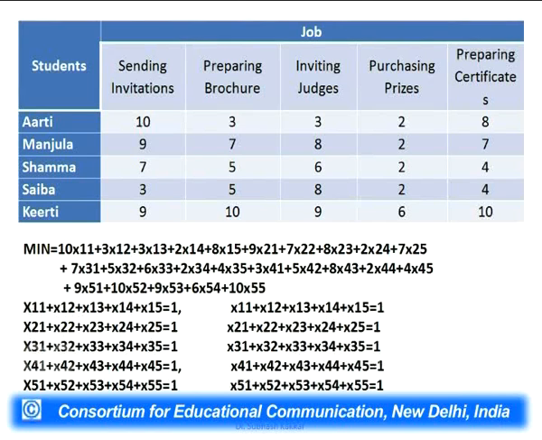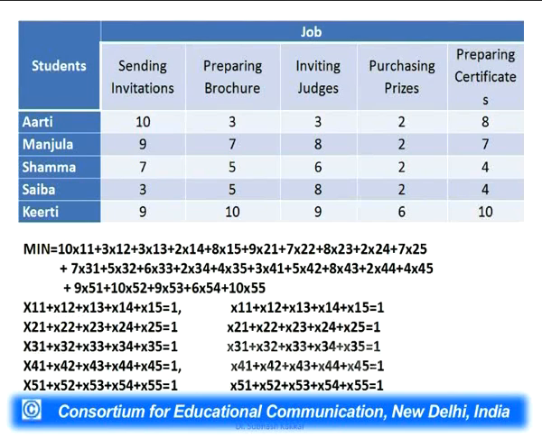In our manual method, the first point to be done is to formulate the problem. Let us now formulate the problem. For the formulation, first we will write the objective function in mathematical form. The objective function is written like this: minimize 10x11 plus 3x12 plus 3x13 plus 2x14. How are these written? Just see the first row where the timings are written: 10, 3, 3, 2, 8.